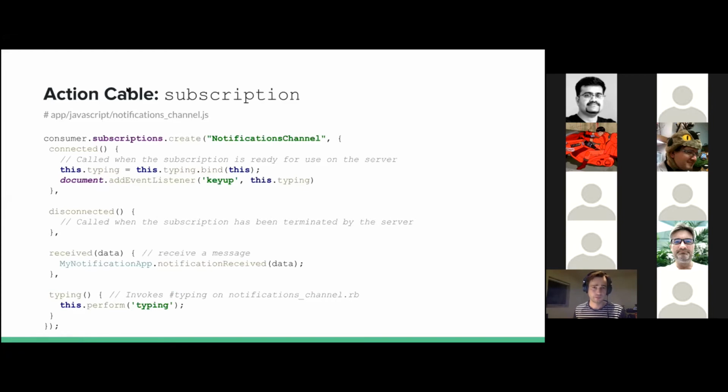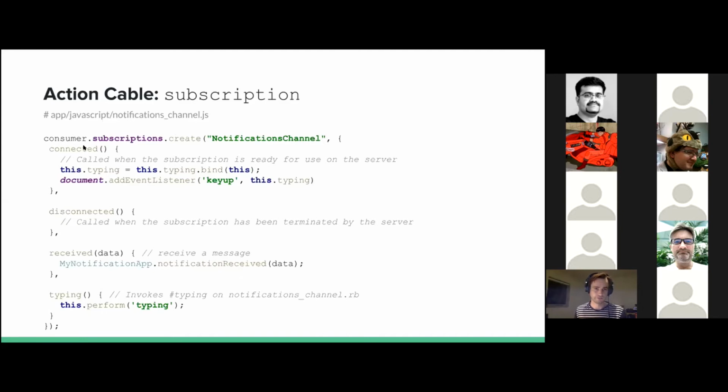So the subscription is what lives on the other side of this connection. The subscription is the JavaScript implementation on your consumer. Your consumer is creating a subscription to the notifications channel that we defined in the previous slide. Again, it's got some callbacks.